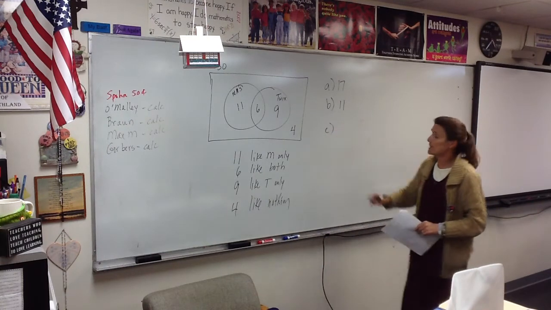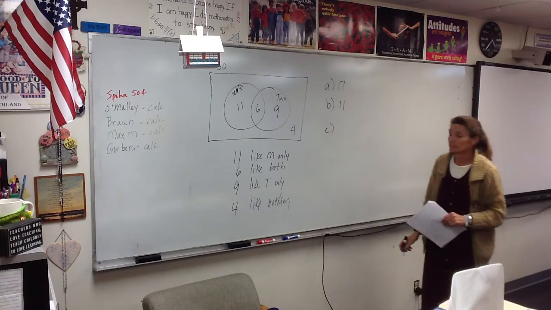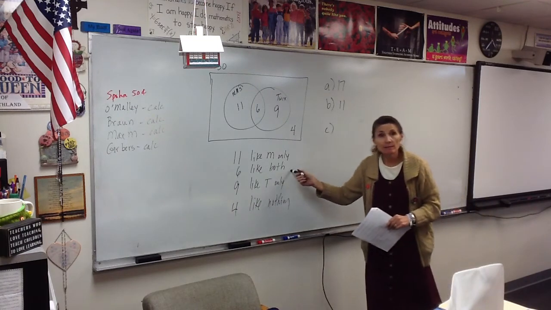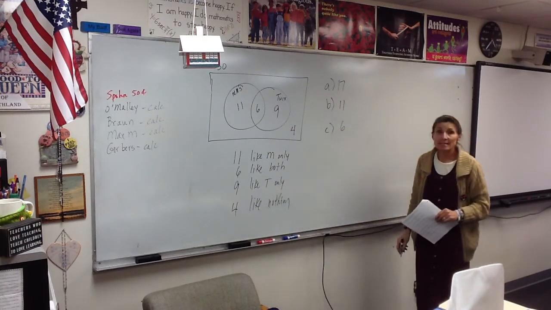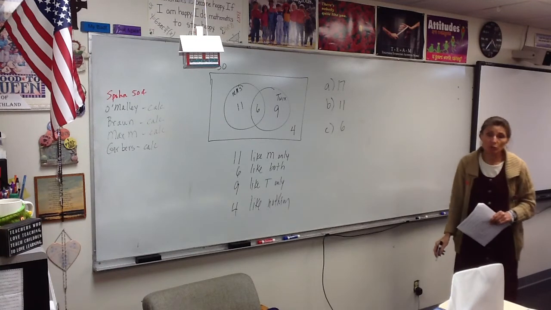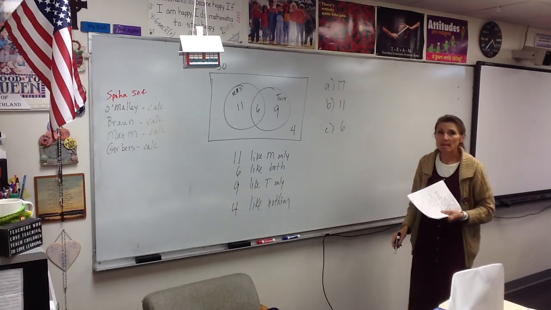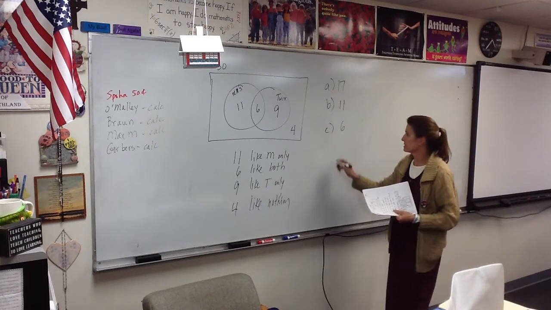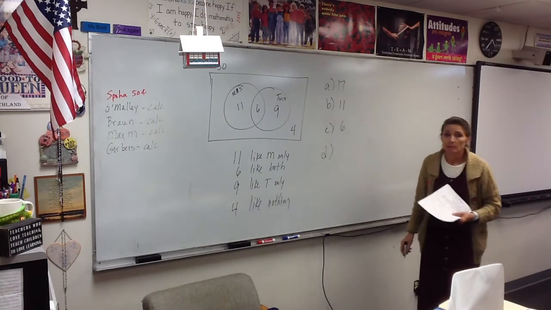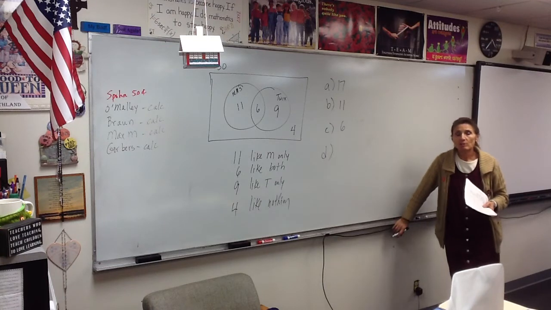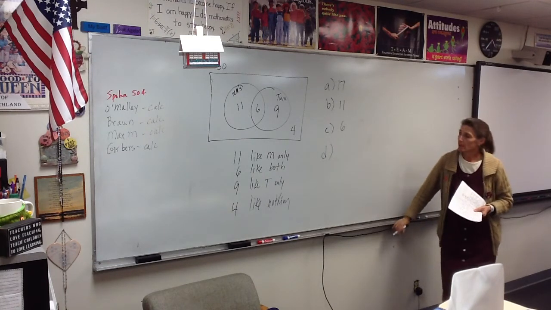How many like M&Ms and Twix? Well, that's easy. We talked about it. That's the overlap. That's the kids that are part of both circles. How many like M&Ms or Twix? You already know the answer to that question. We already figured it out. 26.